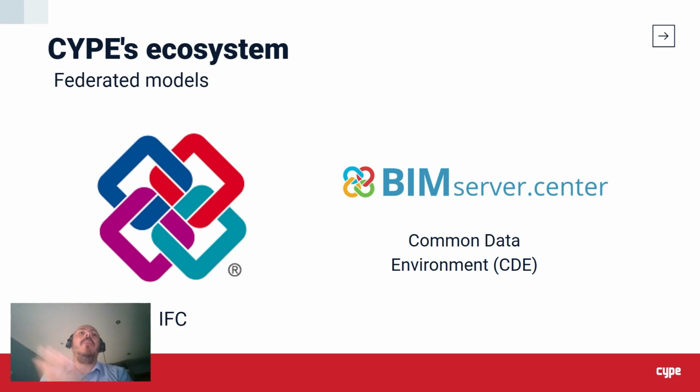So when we talk about Open BIM, we are talking about a system or a process or a workflow where the information can be sent from one software, from one application, to a second application using a standard format.